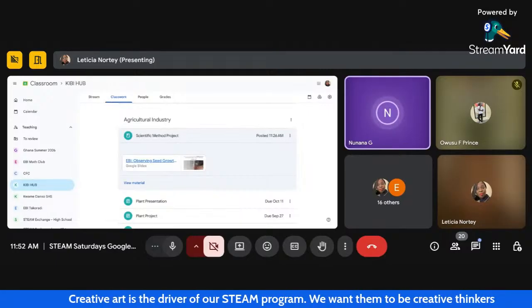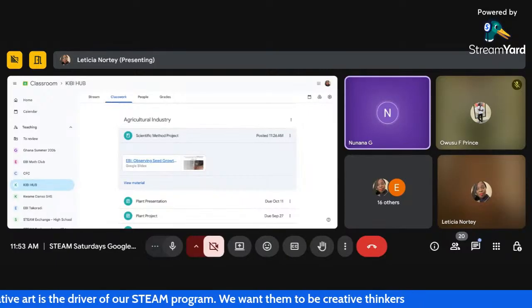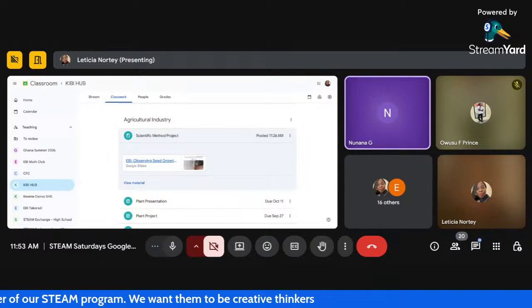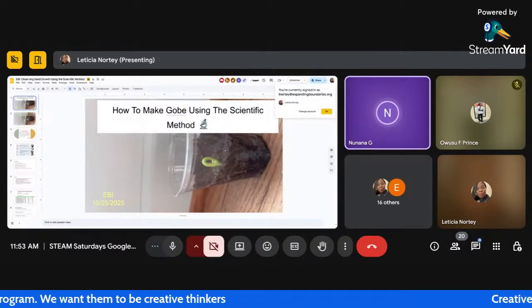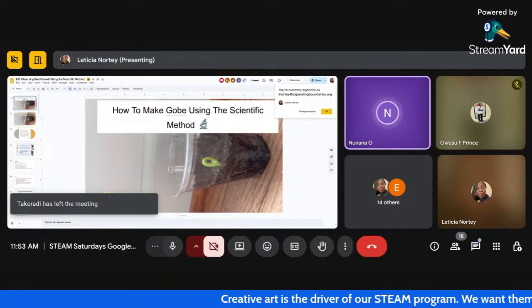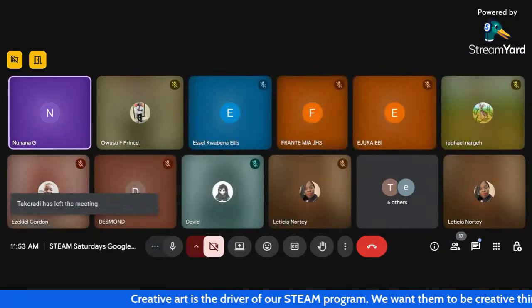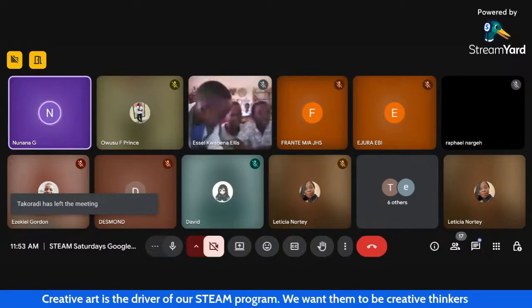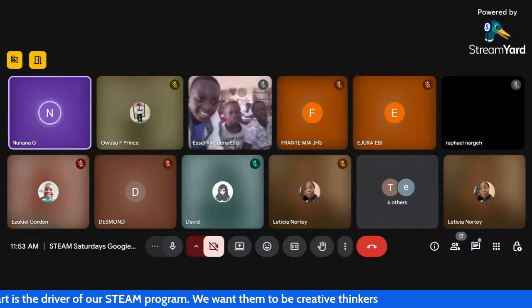Let me share, show you guys where to put your data sheets, okay? Let me share the screen. I put the link on where to put your temperatures and plant growth. Okay. I'm going to show you how it looks.